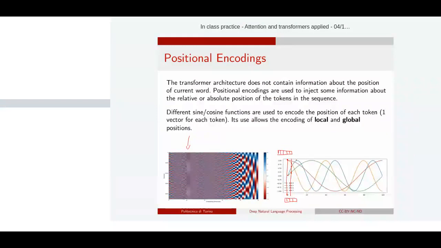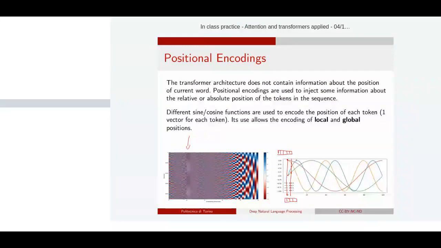It means that if I use a reasonably high number of sine and cosine waves, I can encode each position in a different vector, because at least one component of one of the sine or cosine waves will differ by a given value.